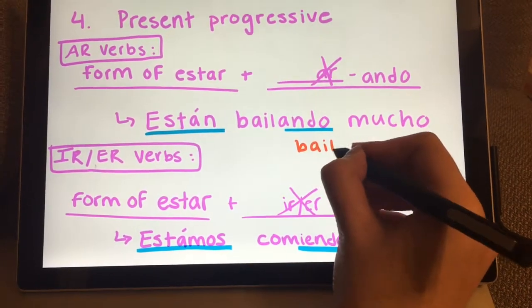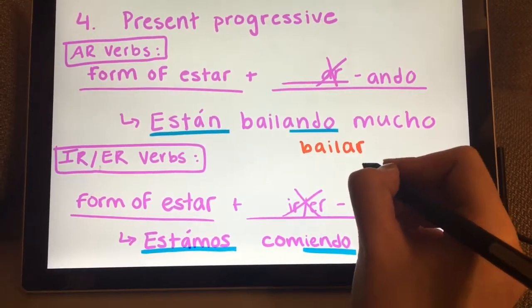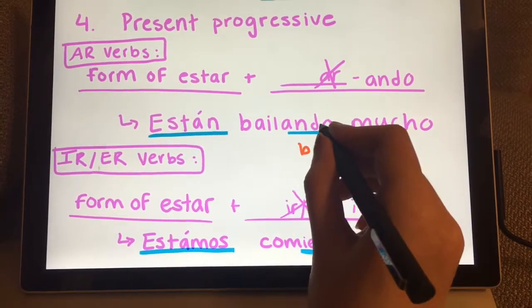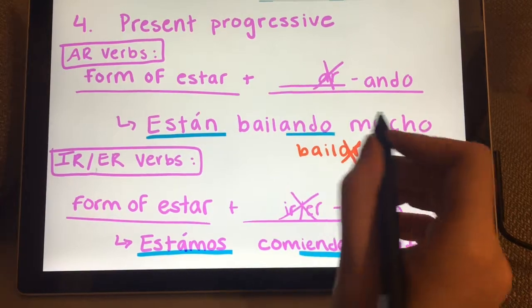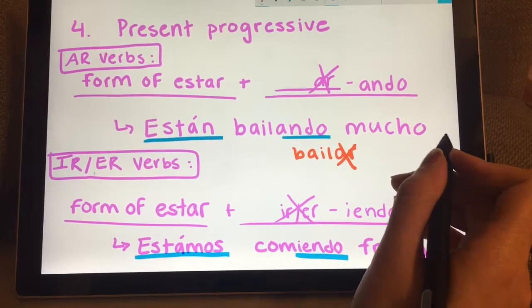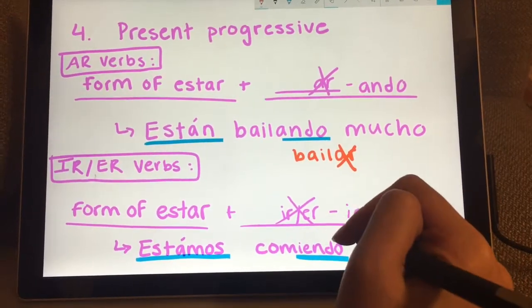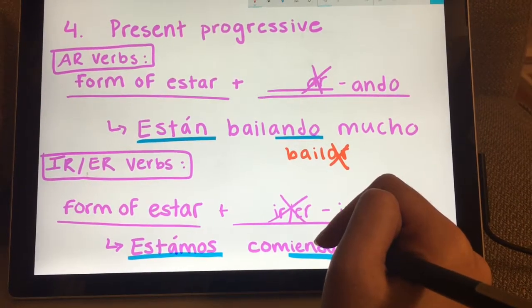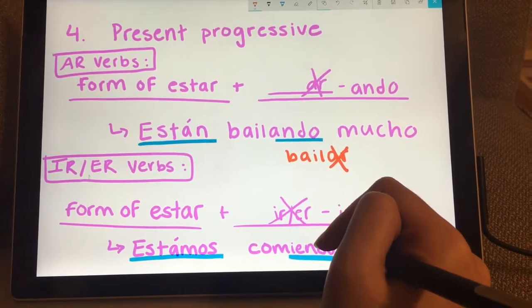So I take the infinitive form of bailar, I drop the AR, and then I add ando. So my final product is están bailando mucho, which translates to they are dancing a lot.